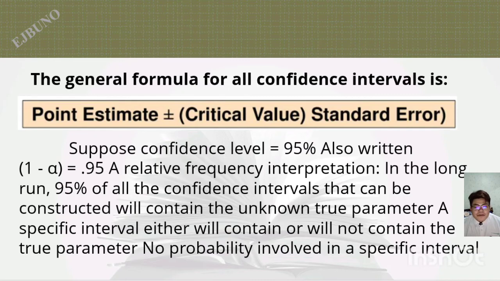In a relative frequency interpretation, in the long run, 95% of all the confidence intervals that can be constructed will contain the unknown true parameter. A specific interval either will contain or will not contain that true parameter. No probability is involved in the specific interval.